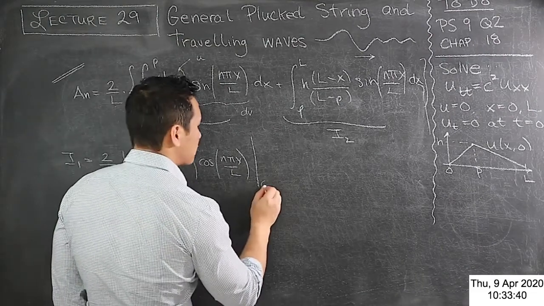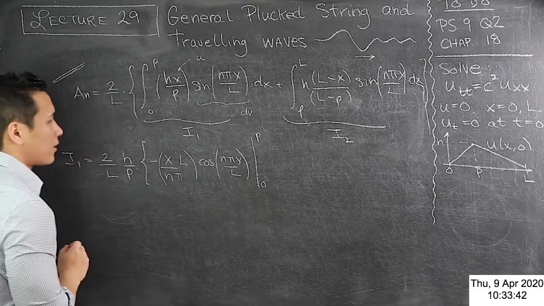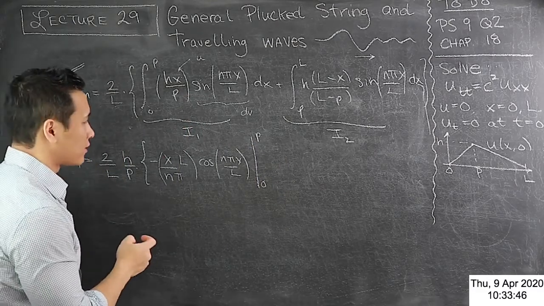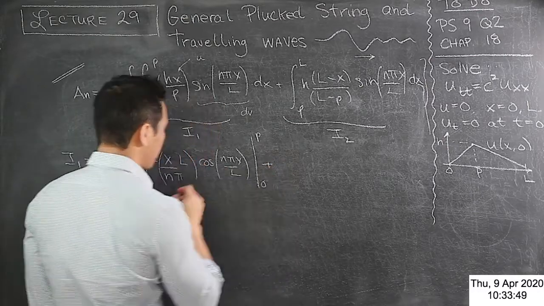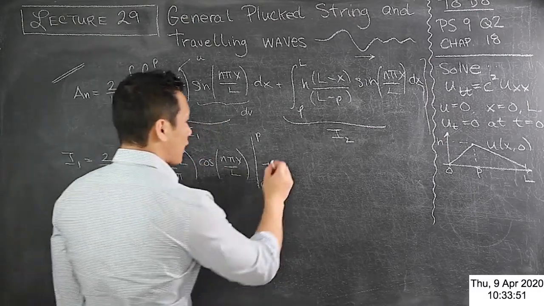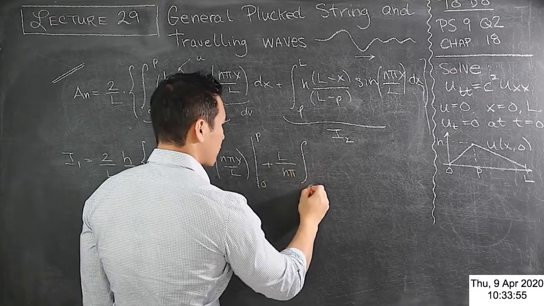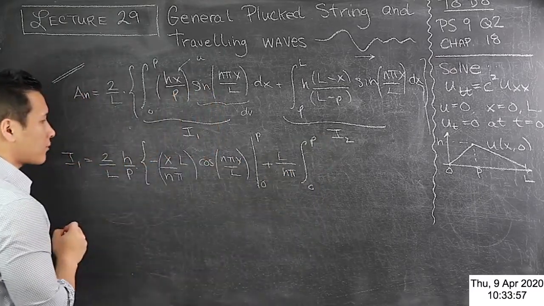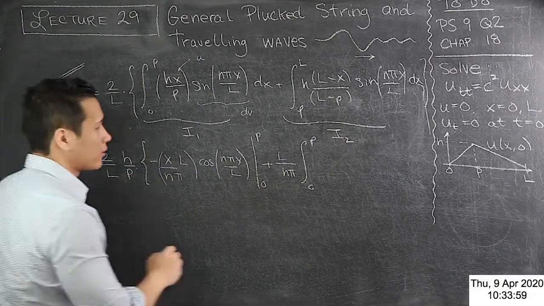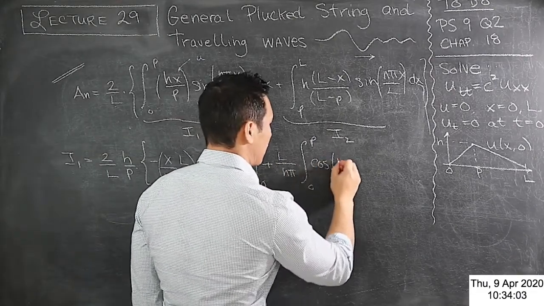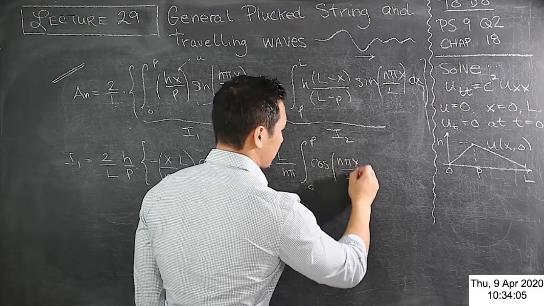And then this goes from 0 to p. And then you have to subtract du times v. Or in this case, you have to add, because you have the factor of 1 here. I have an L over n pi factor coming out, 0 to p. And then the derivative of the x is 1. That gets you 1 times the cosine n pi x over L, like this.